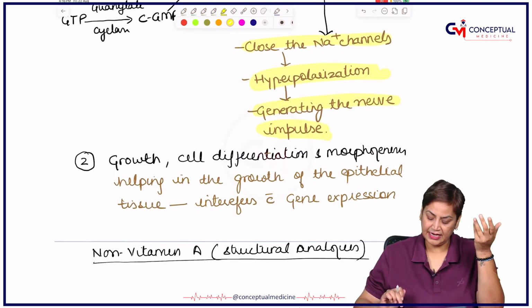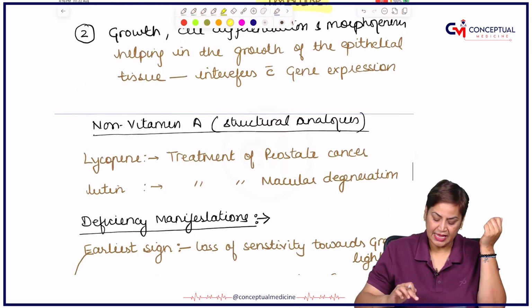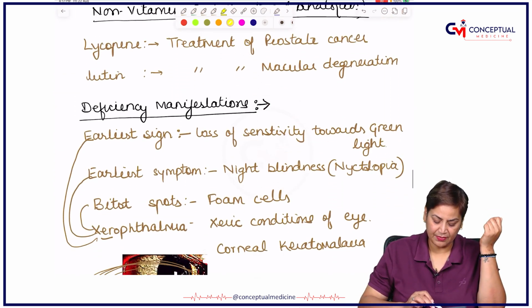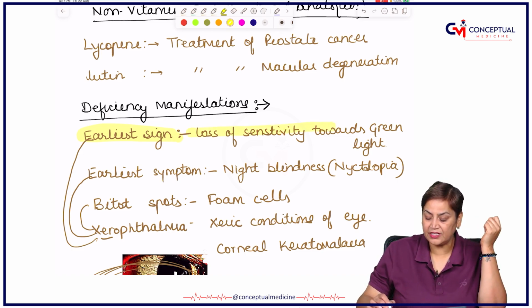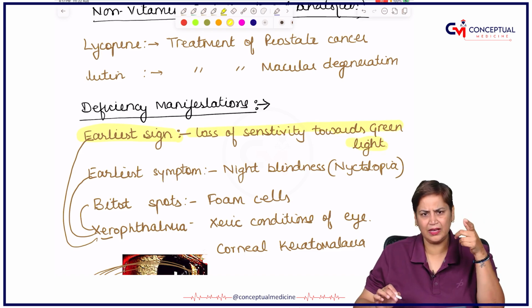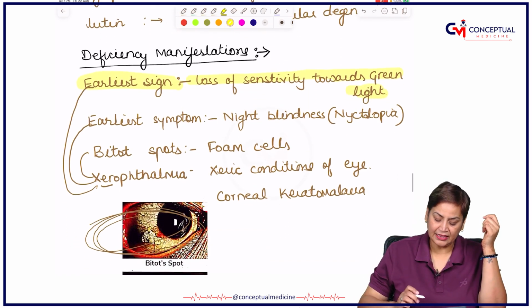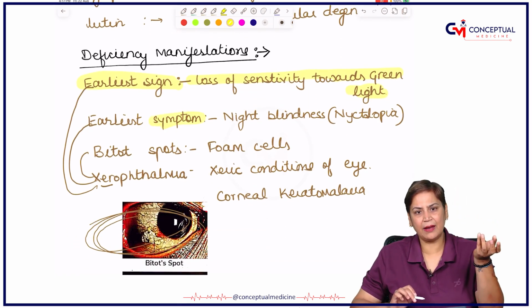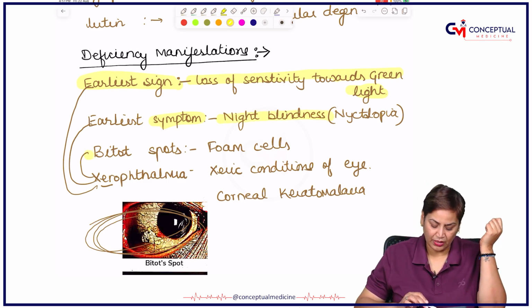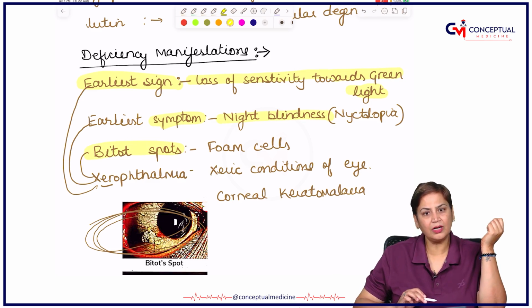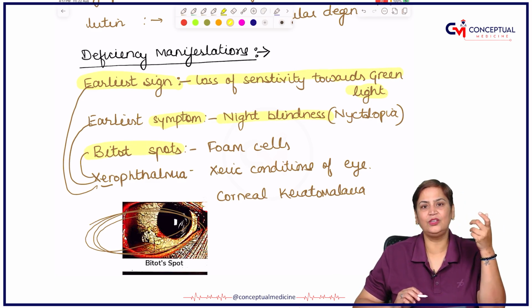And then second, deficiency. The earliest sign of vitamin A deficiency is always loss of sensitivity towards green light. This is very important. And then the symptom is, when dark adaptation time is increased, it is night blindness. Then it will lead to the formation of Bitot spots, and overall it will be known as xerophthalmia.